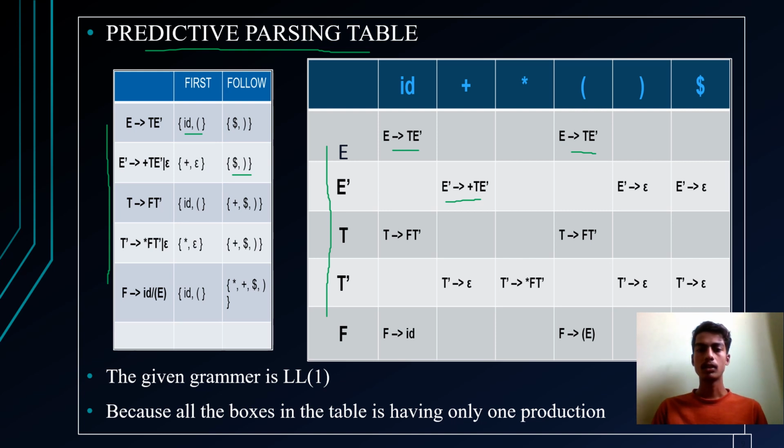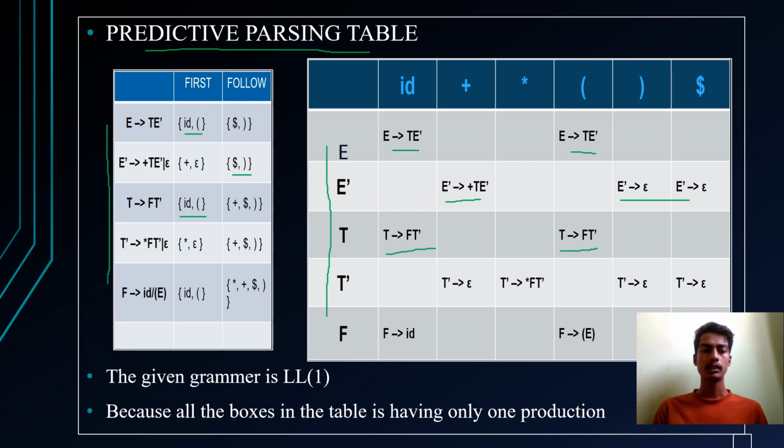In place of dollar and closing parenthesis we write E dash tends to epsilon. Now let us consider first of T. First of T is id and opening parenthesis. In place of id as well as opening parenthesis we write T tends to F T dash.